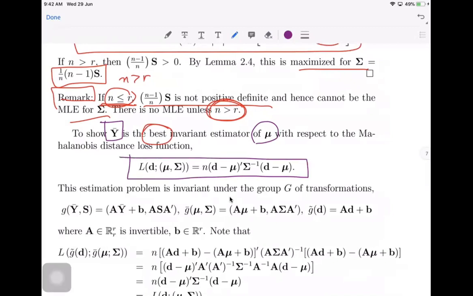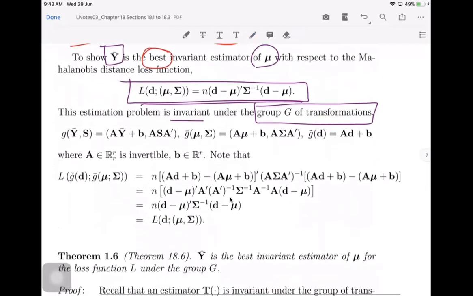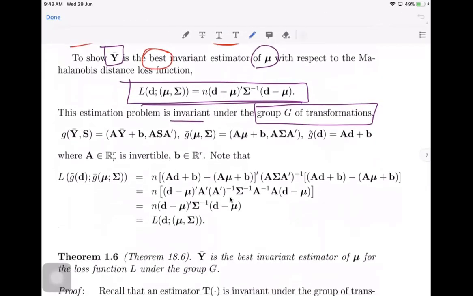So it is only invariant with respect to this loss function. So this estimation problem is invariant also. When we talk about invariance, it is only for certain group of transformation. So the group of transformation that is considered here will be G, the G bar. So this is the transformation with respect to the parameter, G bar, and G tilde will be with respect to the estimator. Okay.